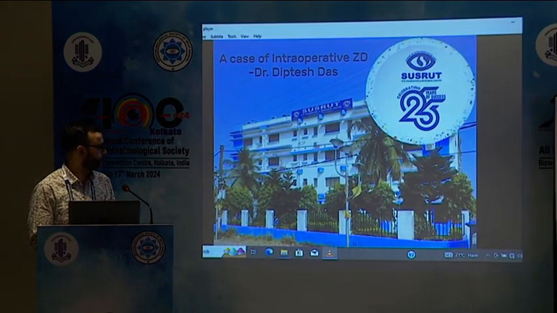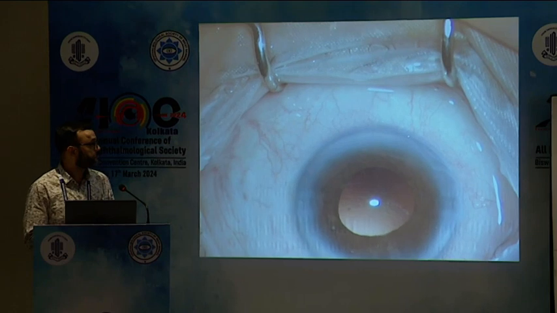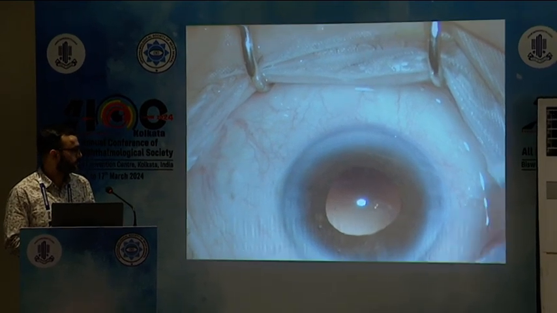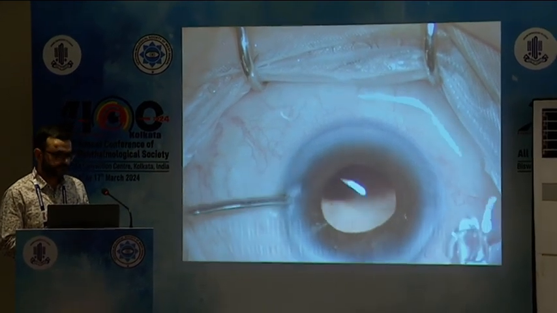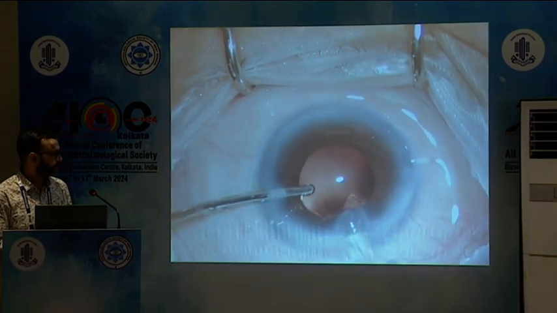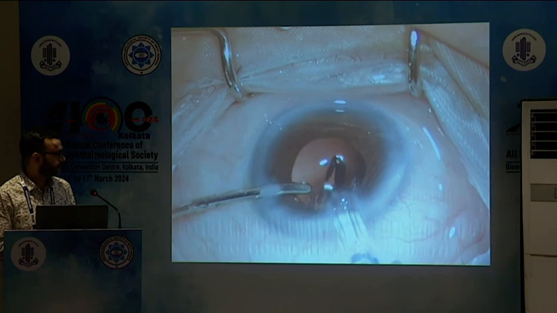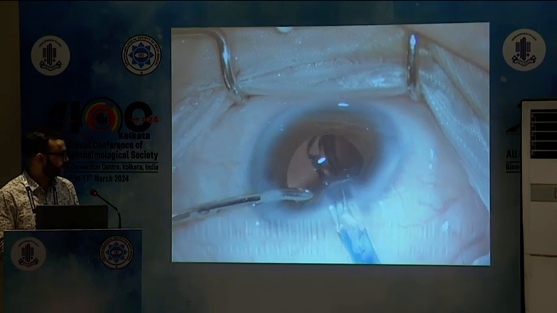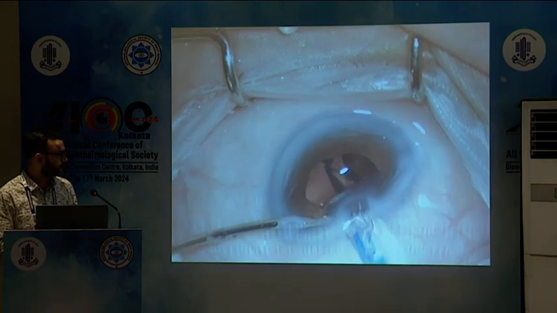This is a case of iatrogenic zonular dialysis that occurred during IOL implantation. A single piece IOL is being implanted.